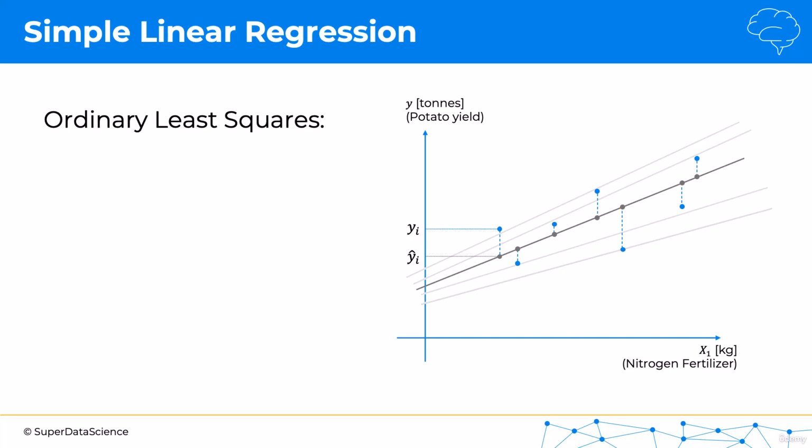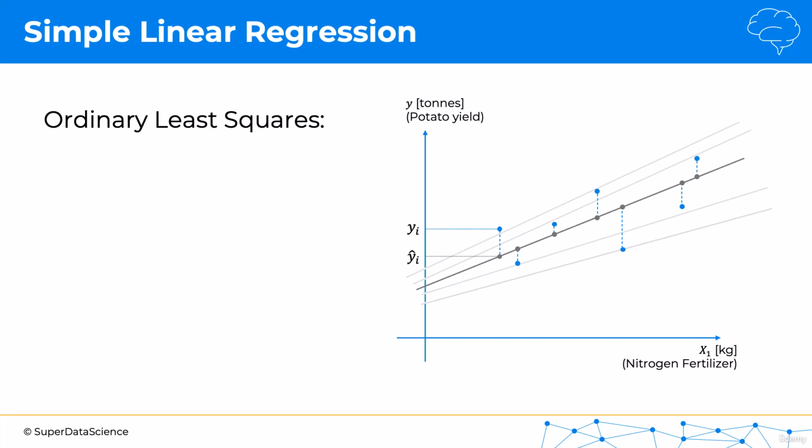Yi hat, on the other hand, is what the linear regression that we're considering predicts the yield to be or would have been. So in this case, let's say again 15 kilograms of nitrogen were used, but the linear regression that we're looking at predicts that only 1.5 tons of potatoes would have been yielded from the farm.